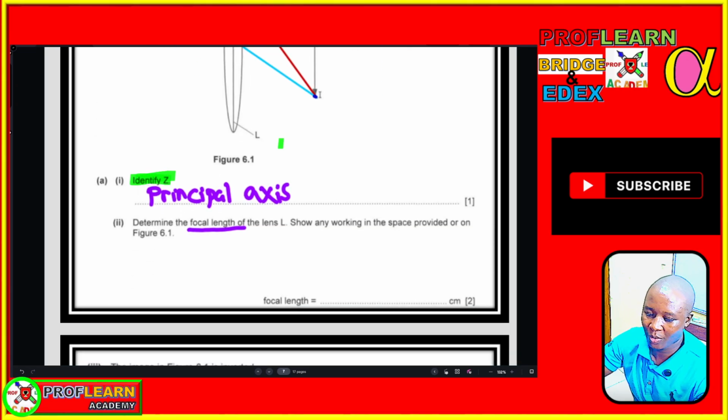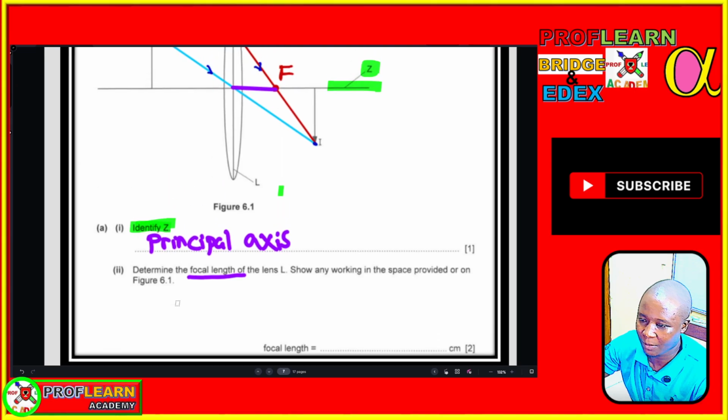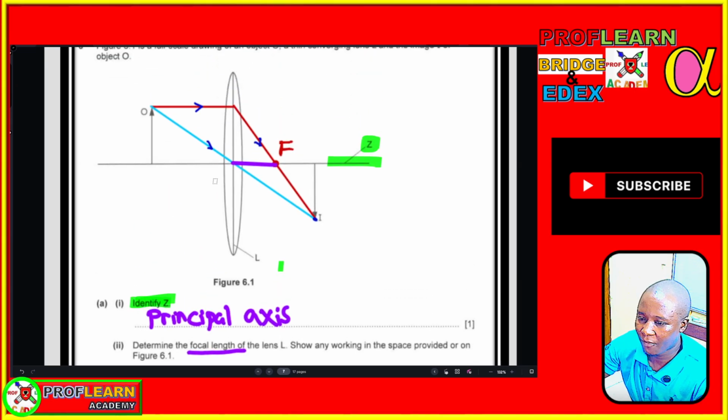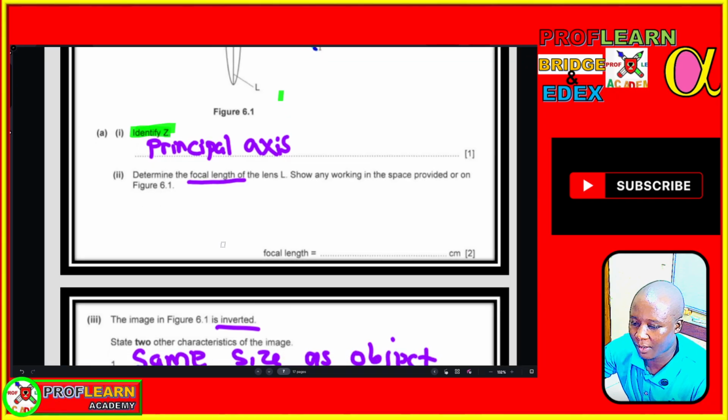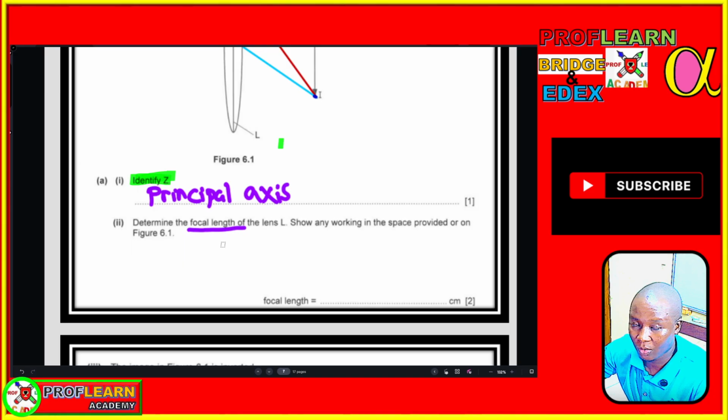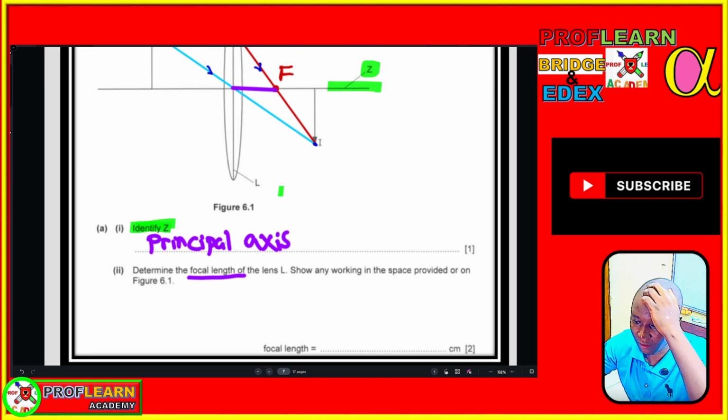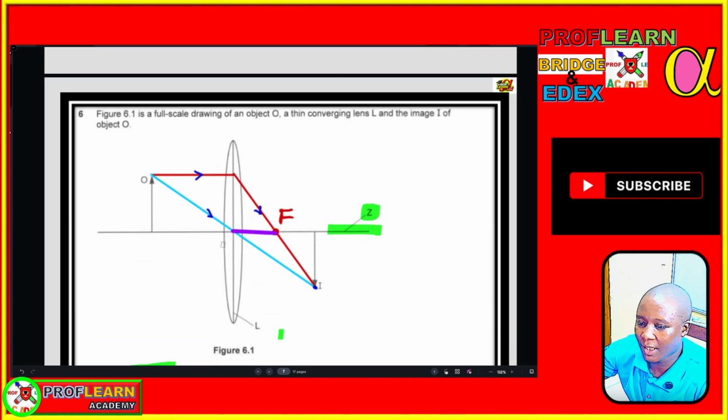Then we have the focal length, the optical center, and the principal focus. We are going to look into that. Determine the focal length. The only diagram given was this particular point and also this image. Those were the two parts given to candidates in this question.